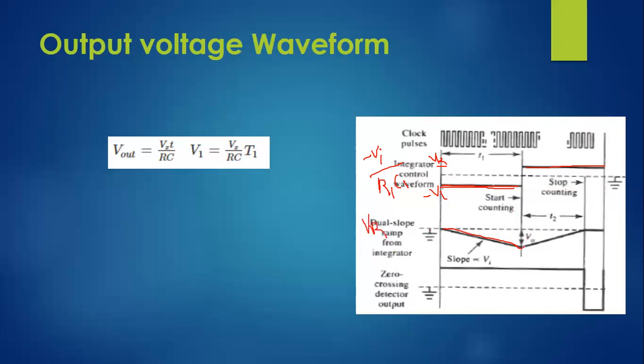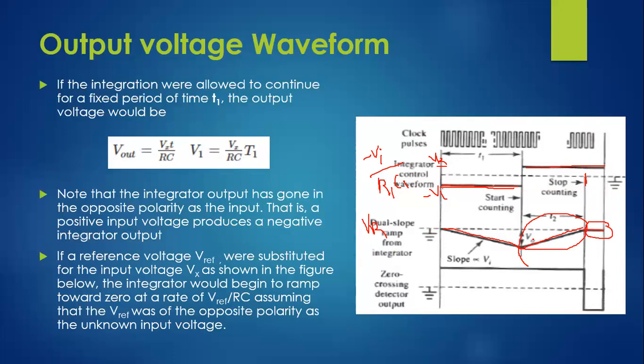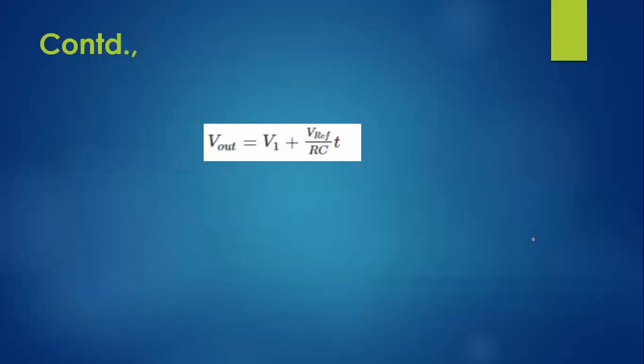From here it starts increasing. After completion of this time duration, it stops converting and remains at that value. So this will be the final digital output that is produced during this T2 duration. That we have shown in terms of equations here.